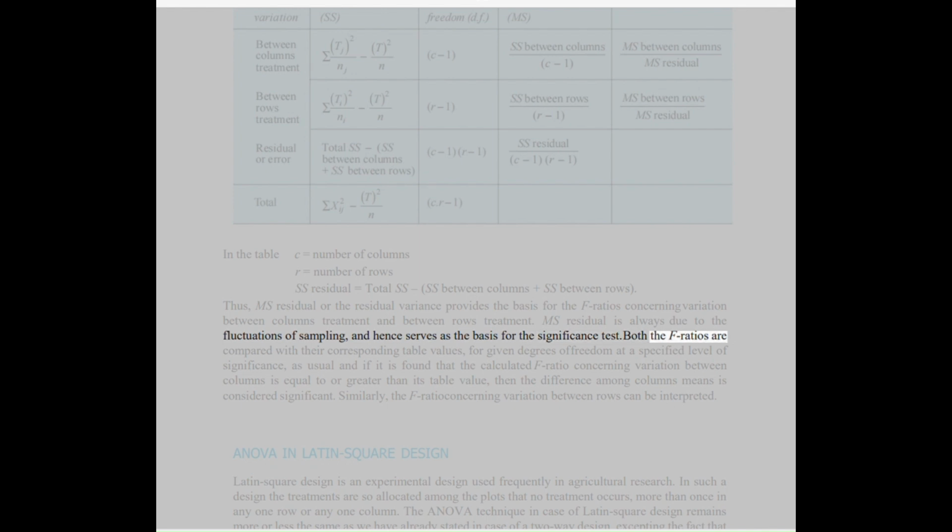Both the F ratios are compared with their corresponding table values for given degrees of freedom at a specified level of significance as usual, and if it is found that the calculated F ratio concerning variation between columns is equal to or greater than its table value, then the difference among columns means is considered significant. Similarly, the F ratio concerning variation between rows can be interpreted.